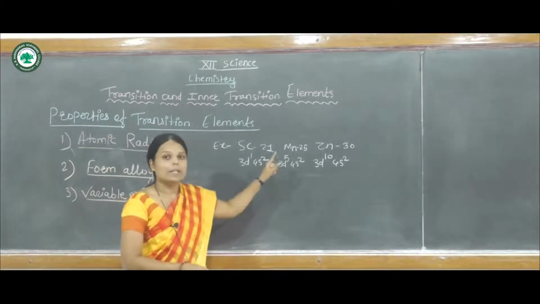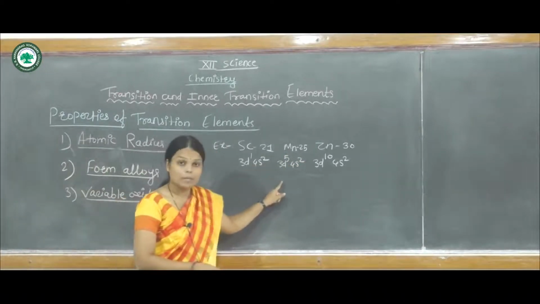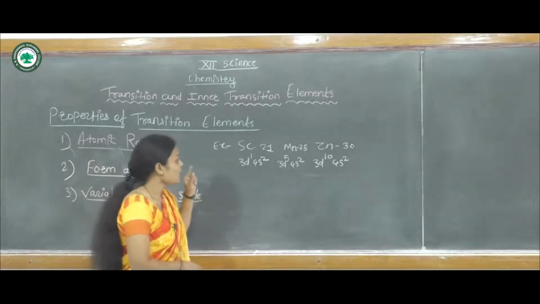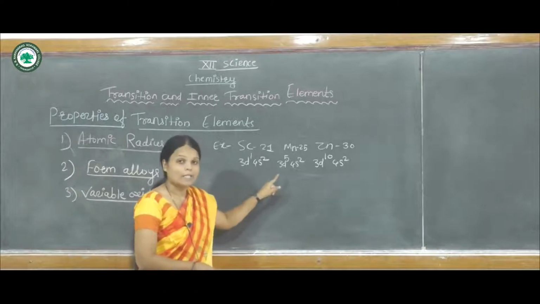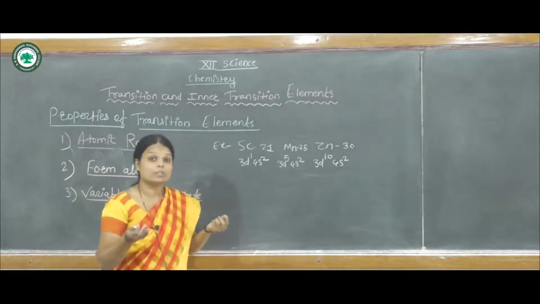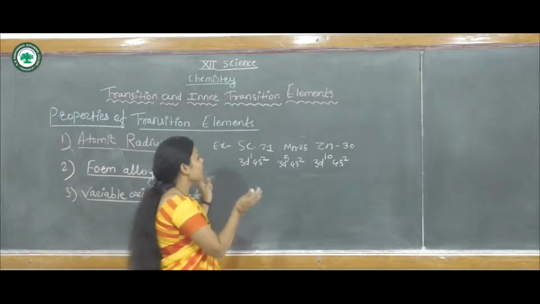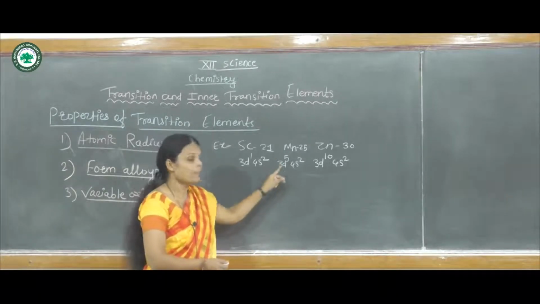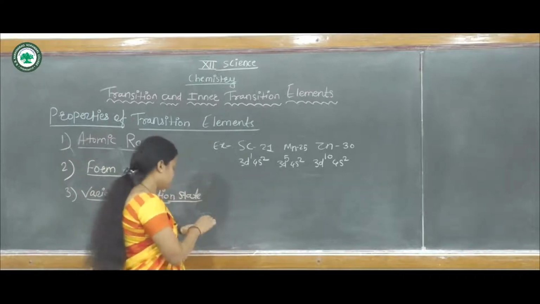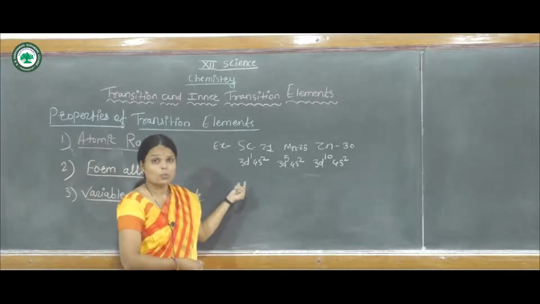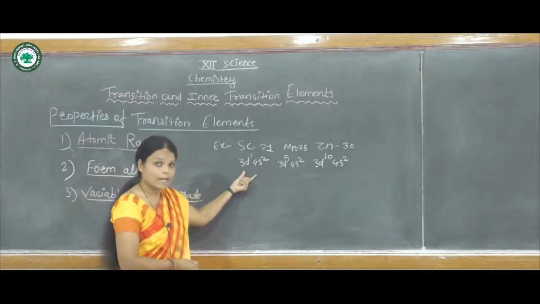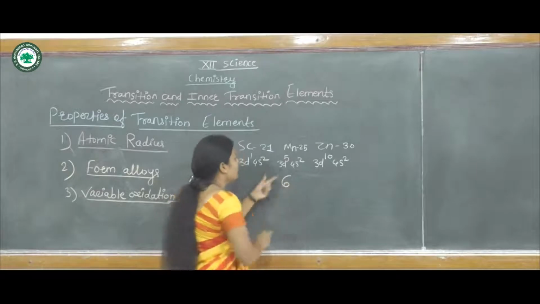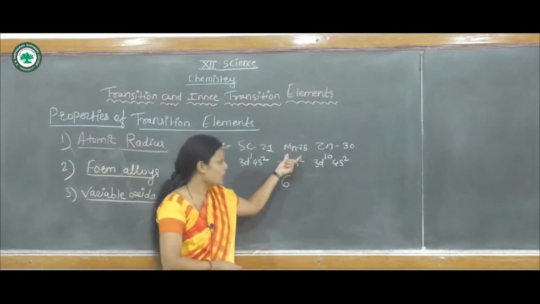Here in manganese the number of unpaired electrons, five, is more, and that's why it can show variable oxidation states. In the 3d transition series, the most oxidation states are shown by manganese. Scandium shows only +2 or +3 oxidation states, while manganese shows up to +7 oxidation states.